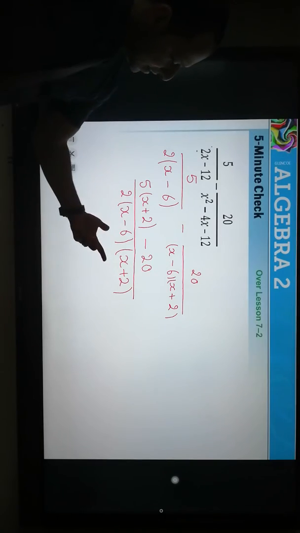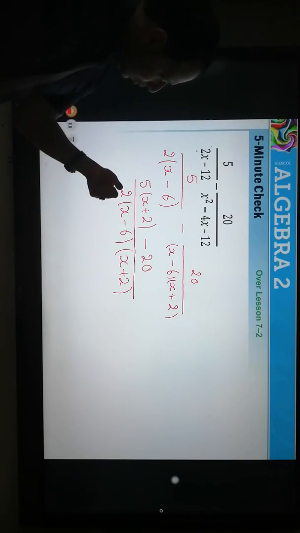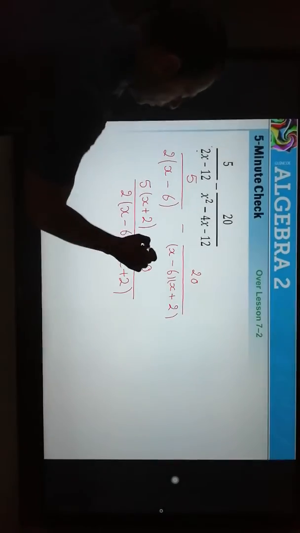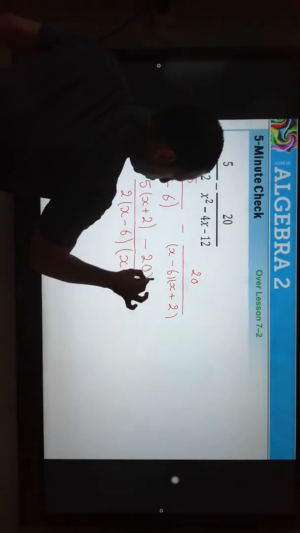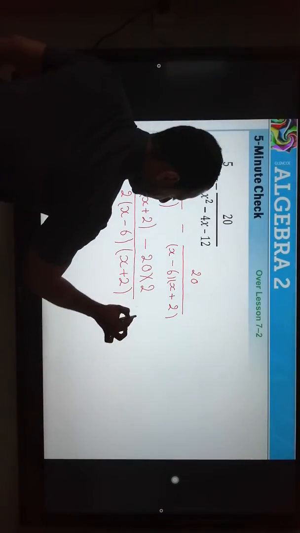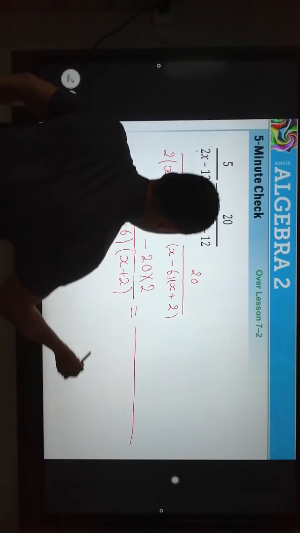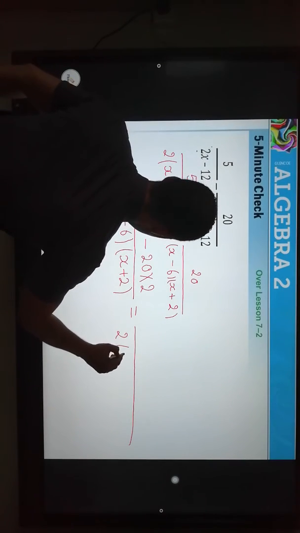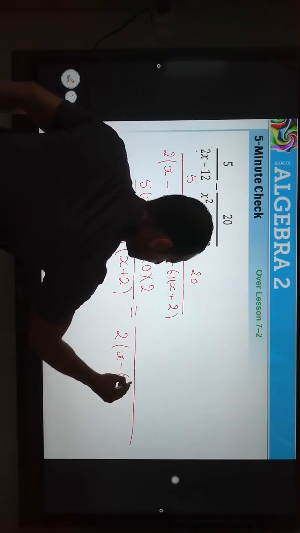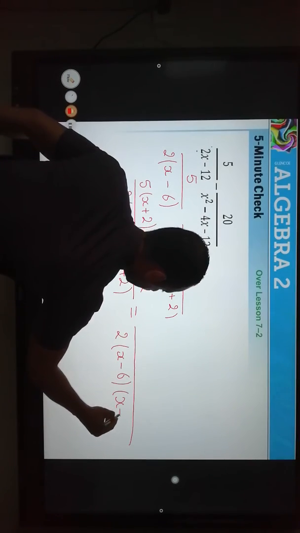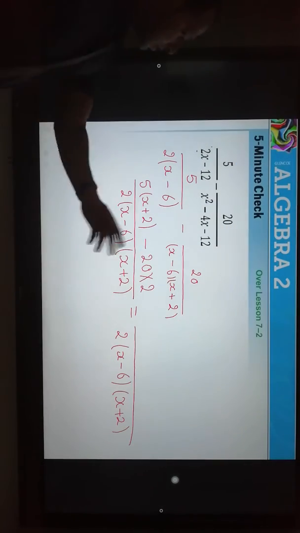This denominator is the same, but we need to add 2, it means to multiply by 2. Let's start to complete. This is my LCD. I got it.